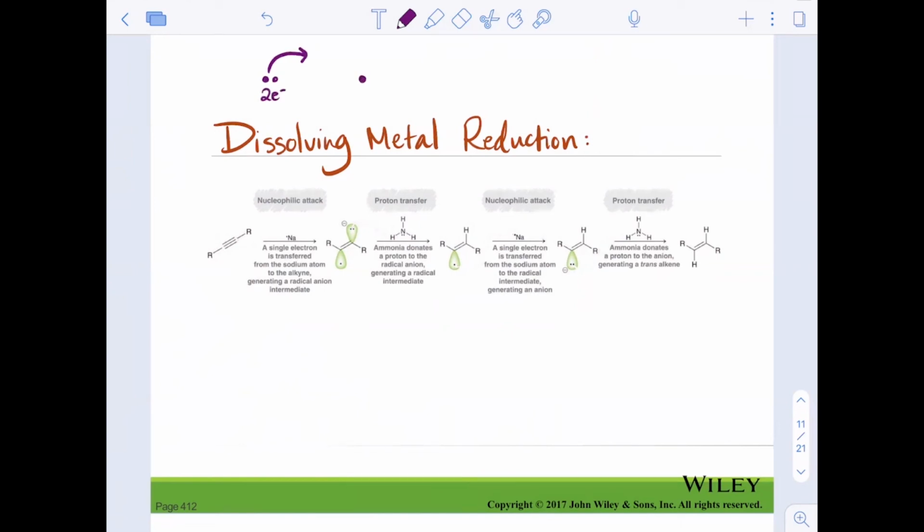What we are going to see in this reaction because of that sodium metal is our 1 electron at a time fishhook. Notice that fishhook right up here. The fishhook arrow is describing 1 electron moving at a time versus the double-headed, which is 2 electrons.